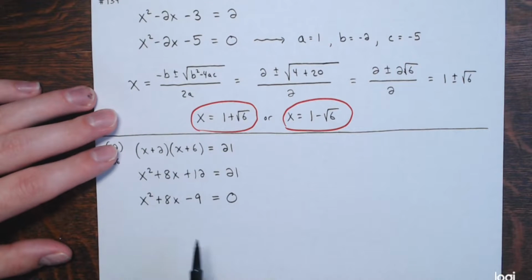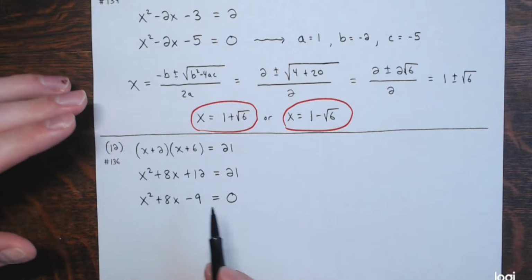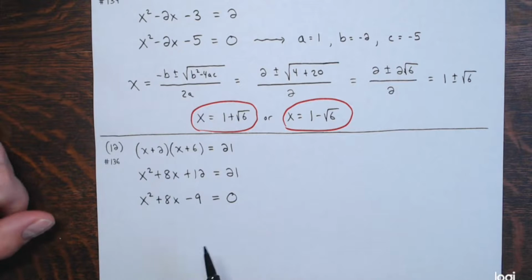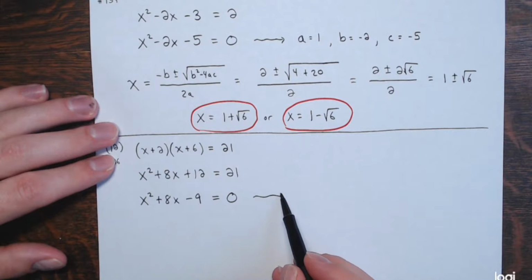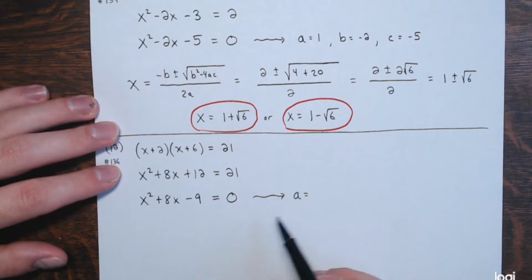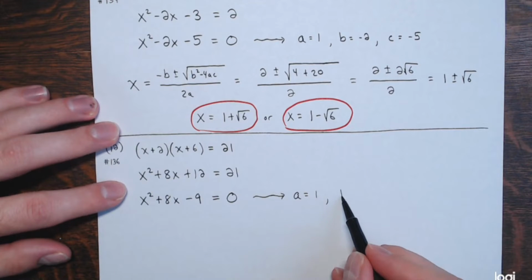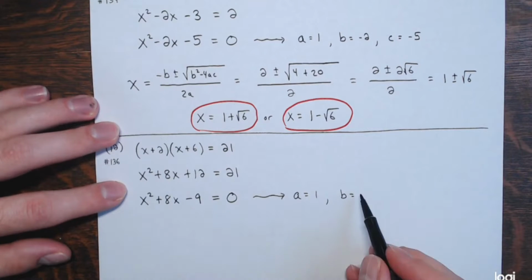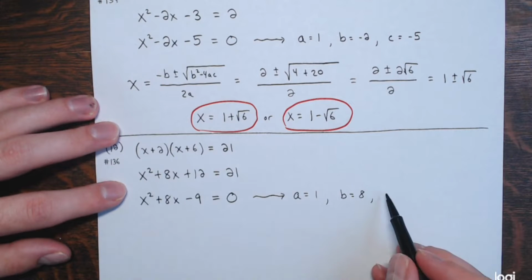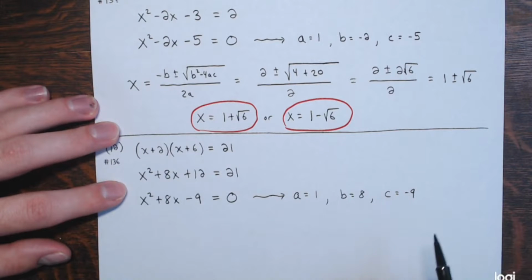Now yes, you may recognize, hey, this is factorable, but we're going to use the quadratic formula. Now that it's in this form, I can use a, b, and c and jump to the solutions in the quadratic formula. a is 1, b is positive 8, the linear coefficient, and c is the constant term, negative 9.